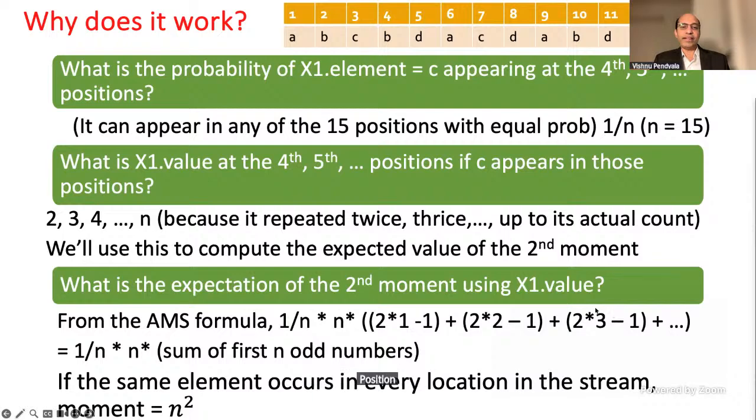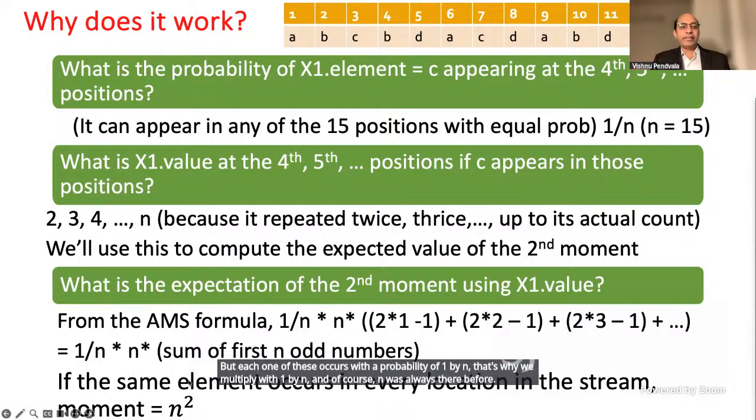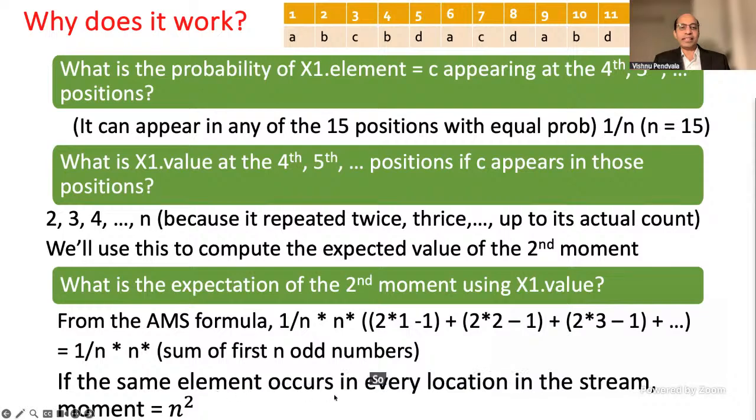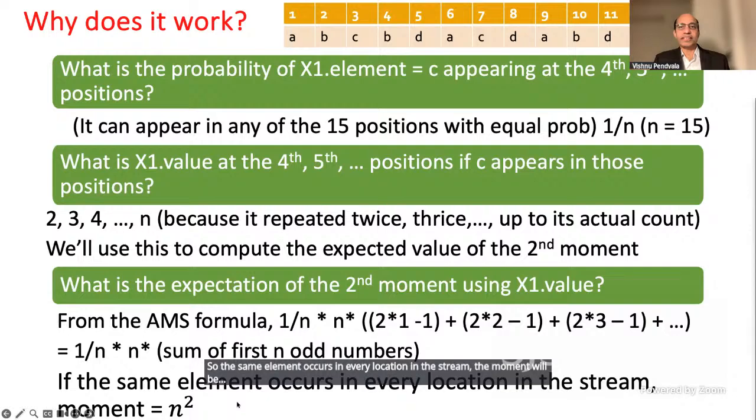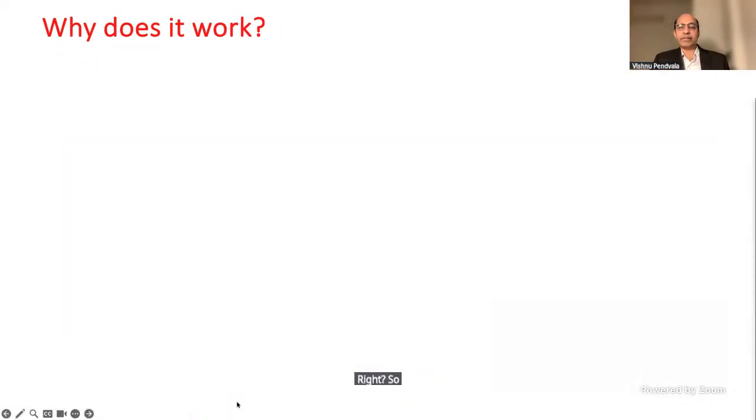Position 5, the value of CA is 3, so on and so forth. But each one of these occurs with a probability of 1 by n. That's why we multiply with 1 by n. And of course, n was always there before. So we end up with 1 by n times the sum of the first n odd numbers. If the same element occurs in every location in the stream, the moment will be n squared, right? So you see how it works?